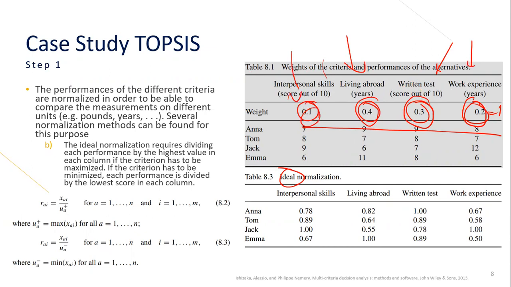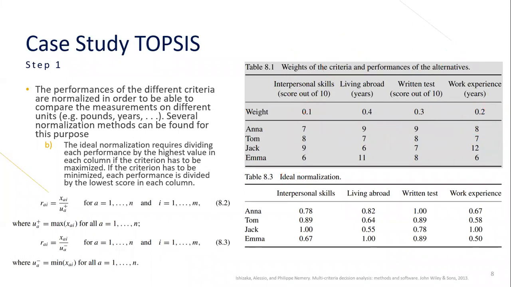So it looks like this. Okay. Can it be the same for all? Sure. It depends. This is a subjective measurement. So it really depends on the expert that you ask, which one is more important. If they say that all are equally important, you will put 0.25, 0.25, 0.25, 0.25.